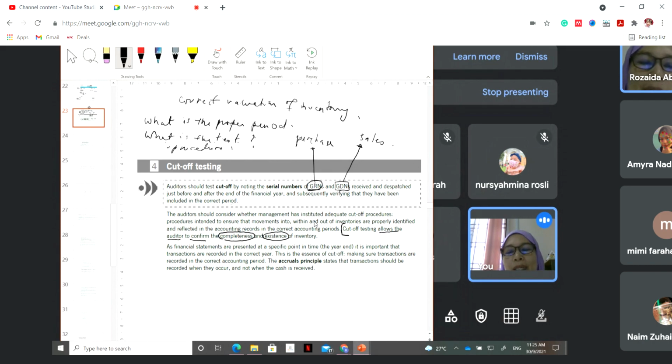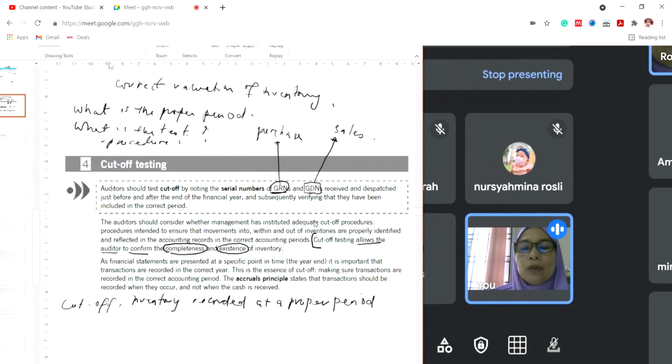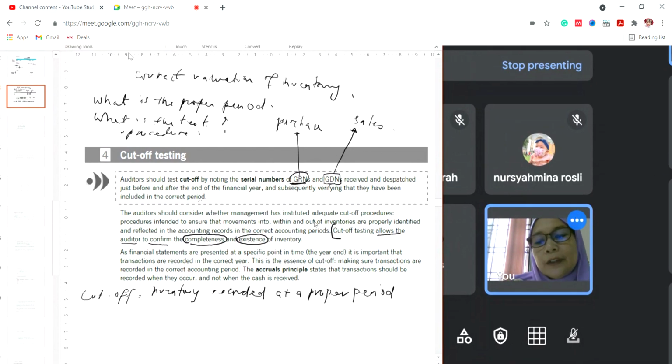So when you perform the cut-off testing, besides looking at whether the transaction or inventory is recorded at a proper period, at the same time you will also achieve the completeness objective and also the existence objective.